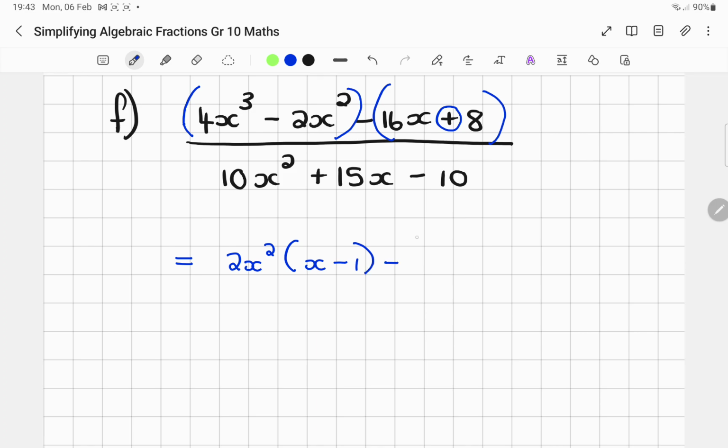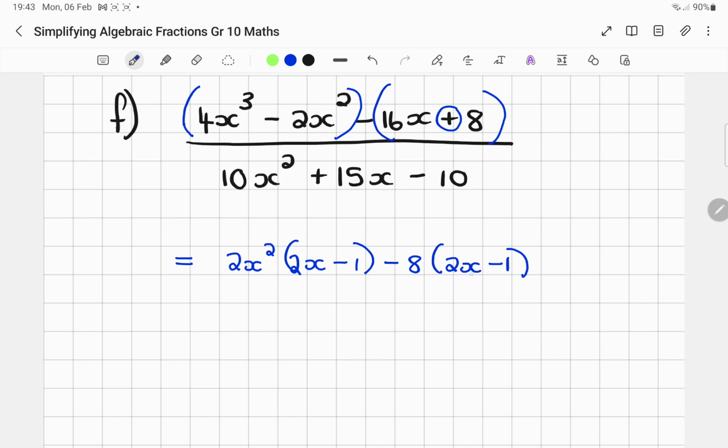But now, if I take out an HCF of 8, what is left? 2x minus 1. Oh, sorry, is it 2x minus 1? Over here also, sorry, 2x minus 1. Okay, always test yourself. 2x squared times 2x is 4x to the power 3 minus 2x squared.